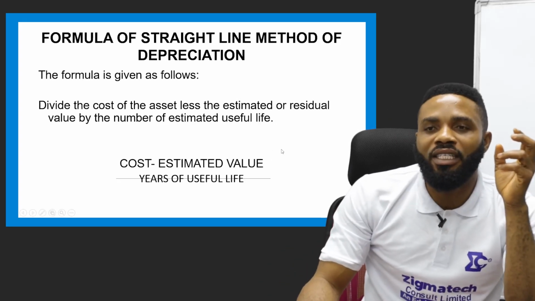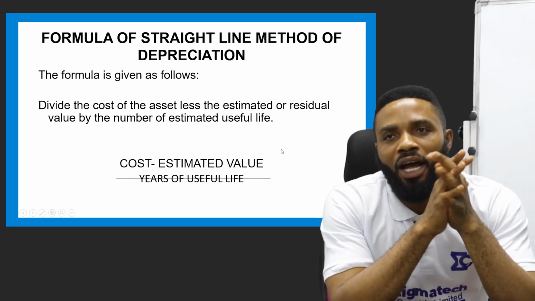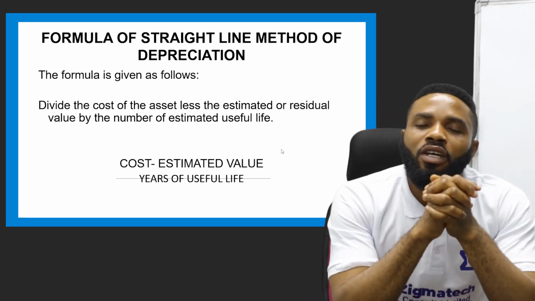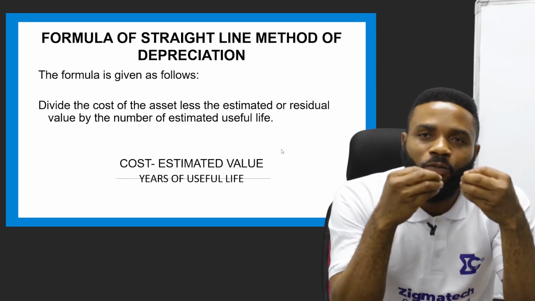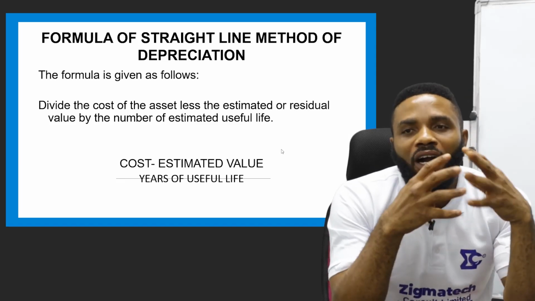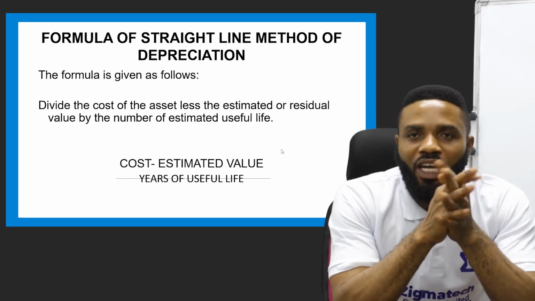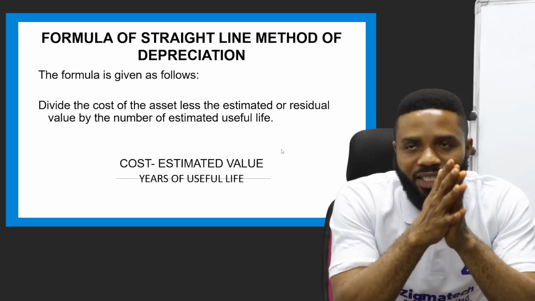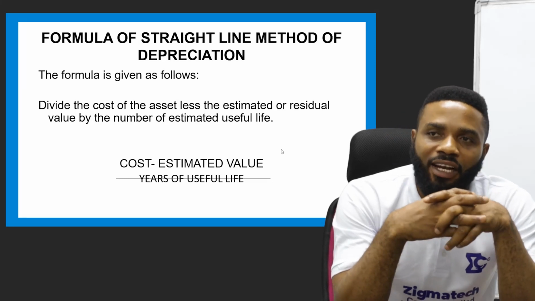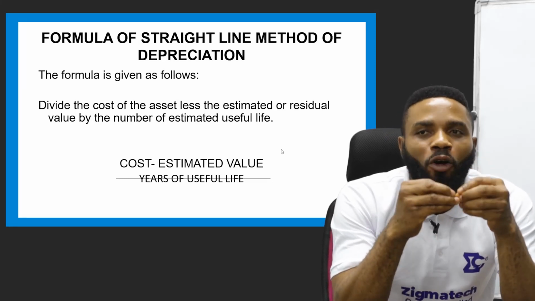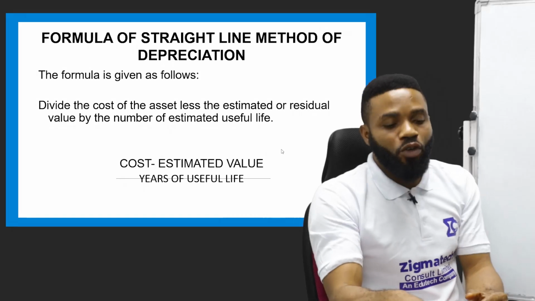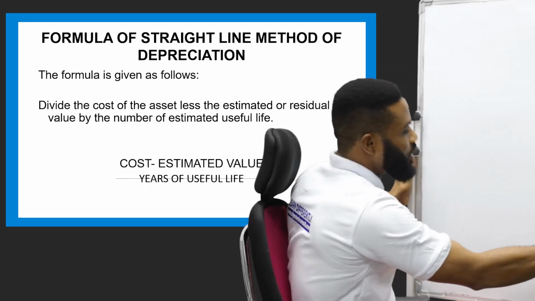Now let's look at the formula of the straight line method. There is a formula used to calculate the straight line method of depreciation. You divide the cost of the asset less the estimated or residual value by the number of useful life. Let's look at it on the board.